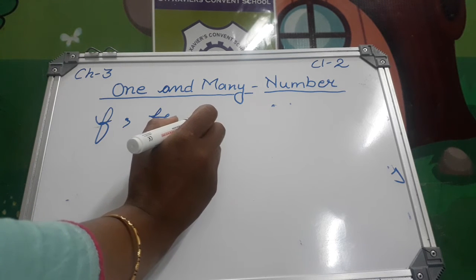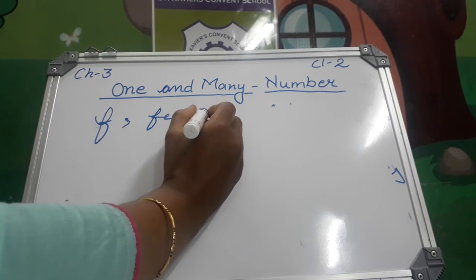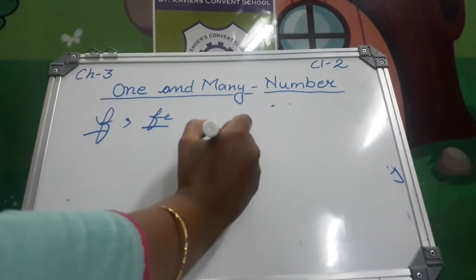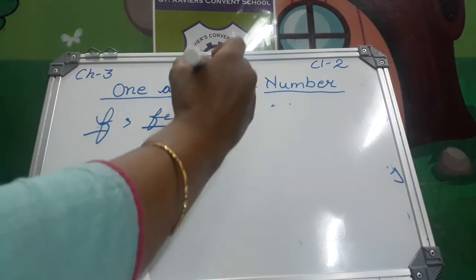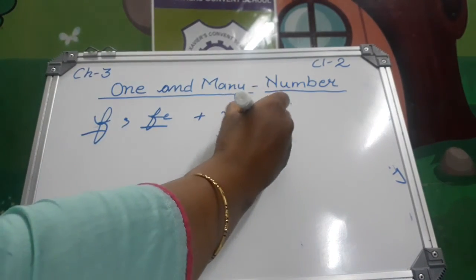When we convert into plural form, we have to remove f and fe from the noun and add ves.